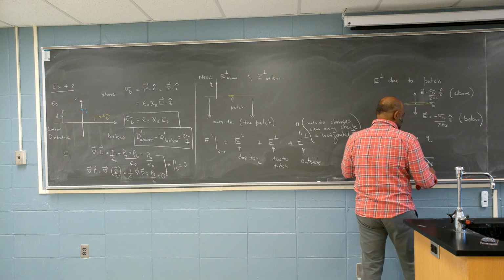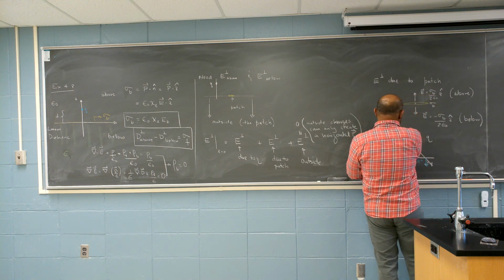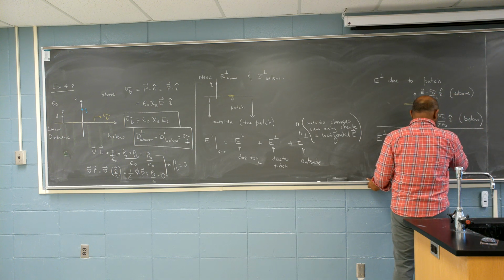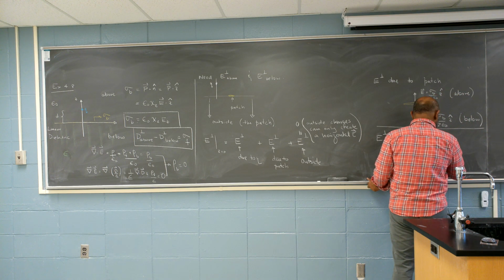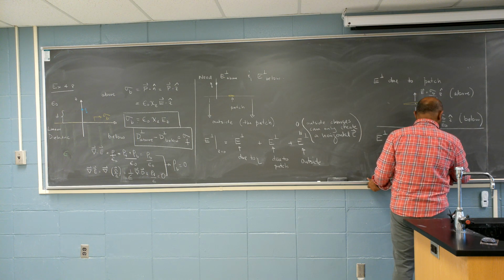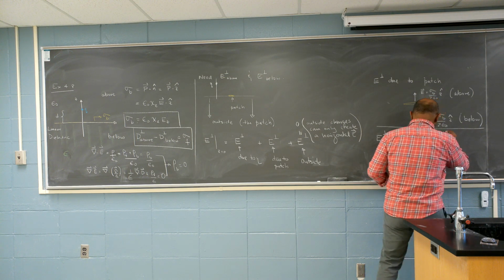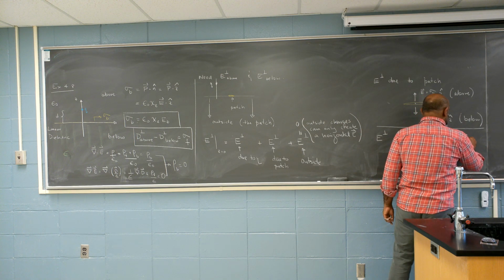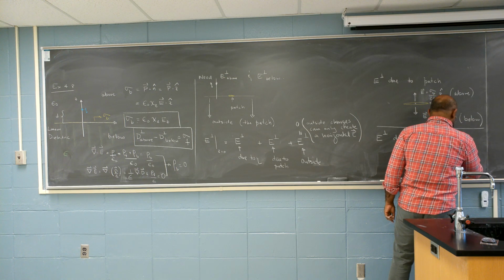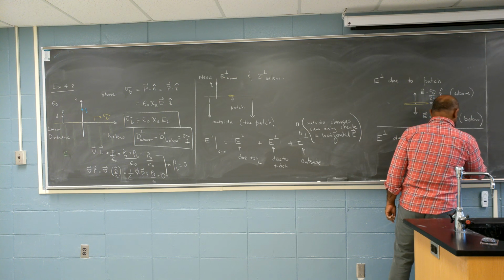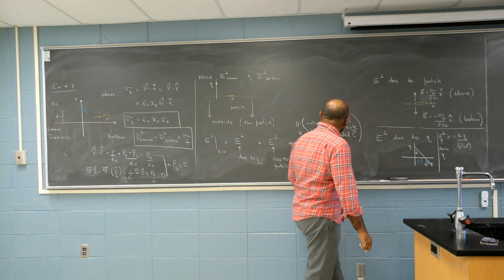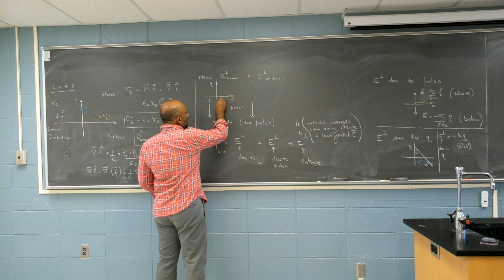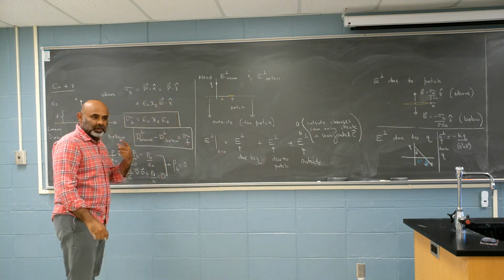So E perp, let me do this so that I have space. E perp due to Q is equal to, first of all, it's pointing downward, minus KQ over R squared. I can write this where S is my cylindrical distance, X squared plus Y squared.